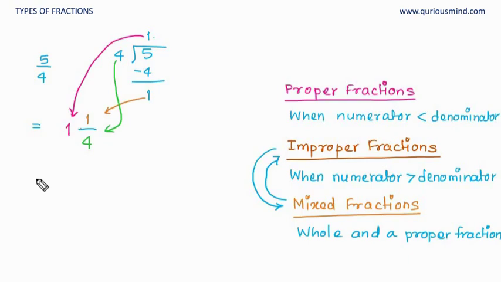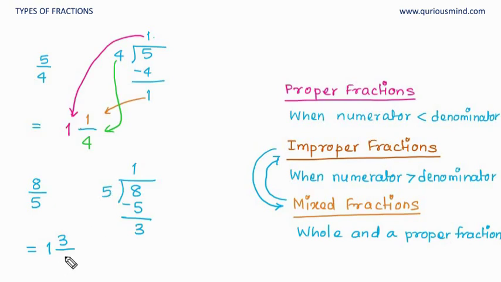So let me do one more here. If I had, let's say, 8 upon 5, then I will divide 8 by 5. 8 divided by 5. 5 ones are 5, minus 5, and remainder is 3. So now let's talk about it. The quotient is our whole. So that becomes whole is 1. Quotient is whole. Then the remainder is our numerator. Remainder comes here, numerator.